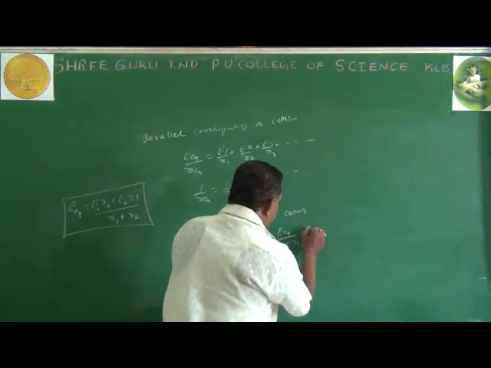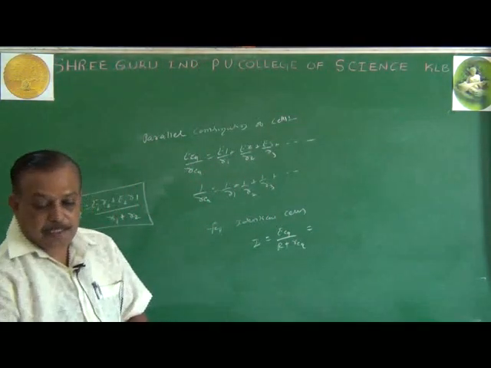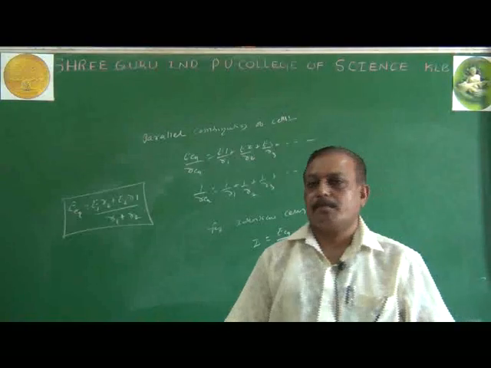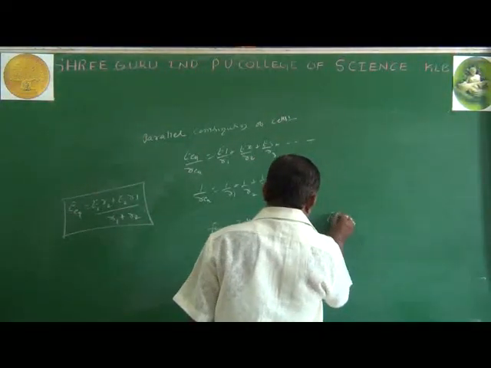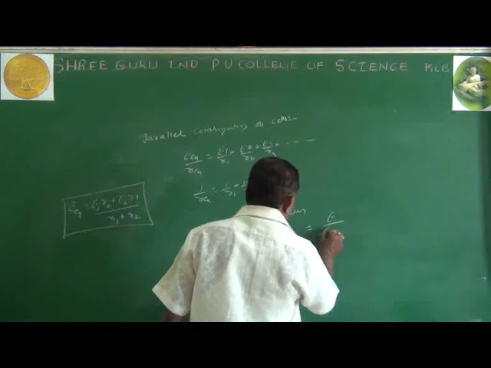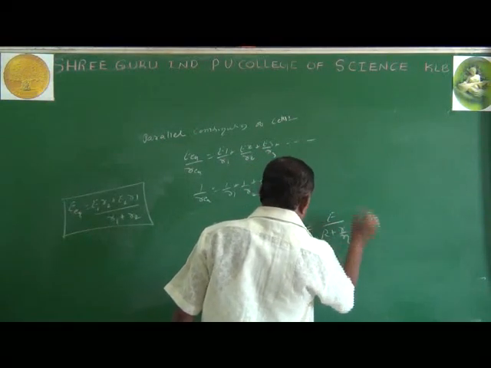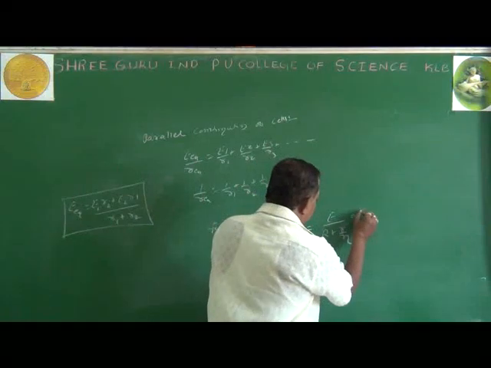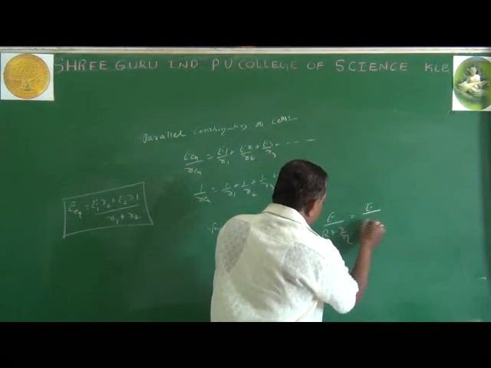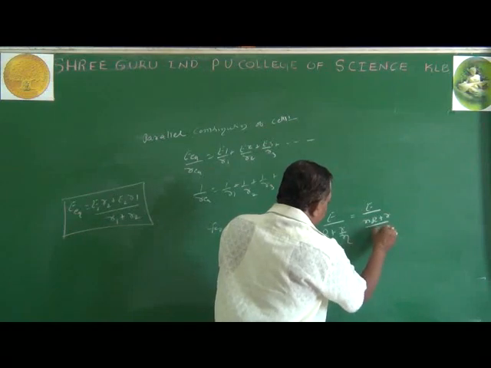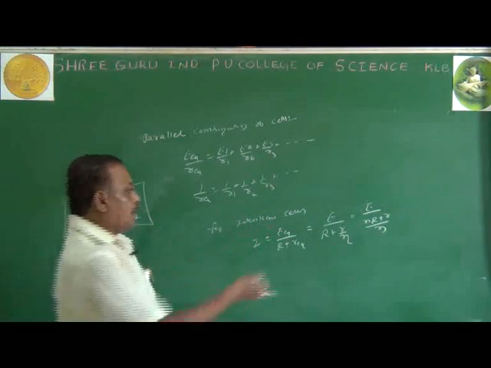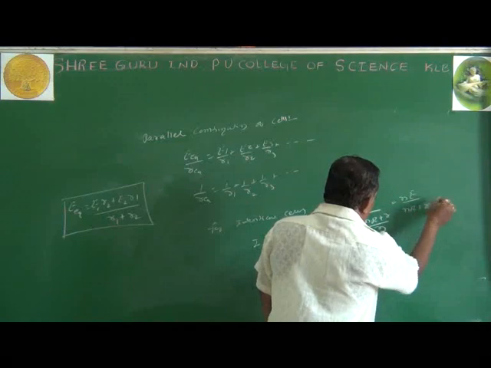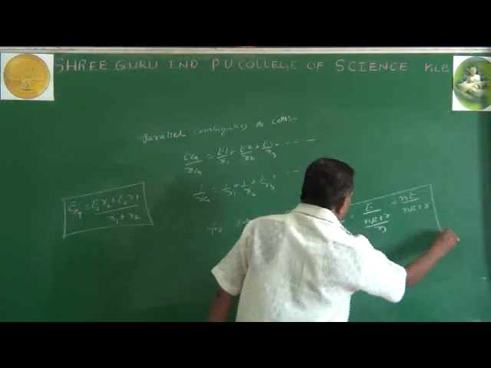Then, if n cells are connected in parallel, then the potential difference, that is, the EMF remains the same. So I equals E divided by R plus r by n, where r is the internal resistance of each cell. If I take it to the numerator, E n into R plus r divided by n, is it clear? Then I take the LCM, then shift it to the numerator: nE divided by nR plus r. This is your equation.